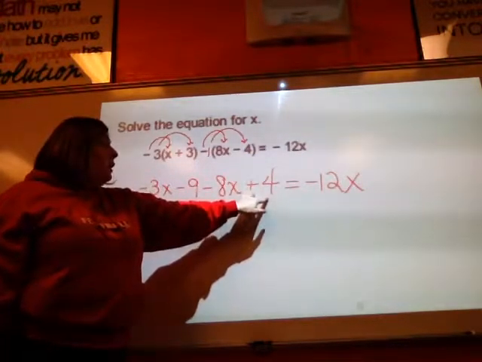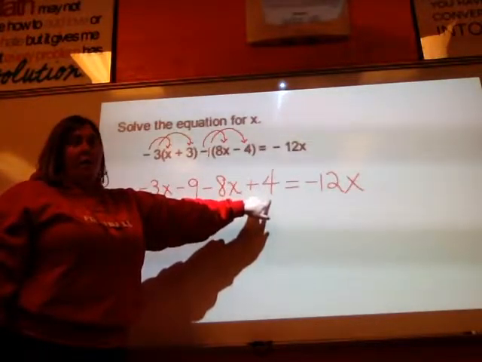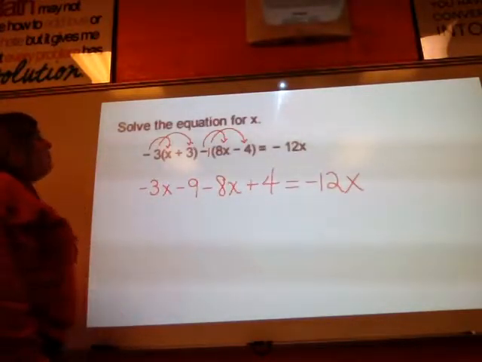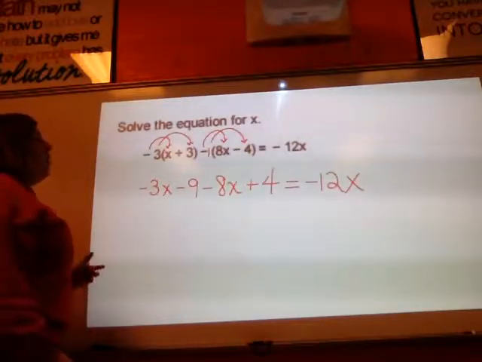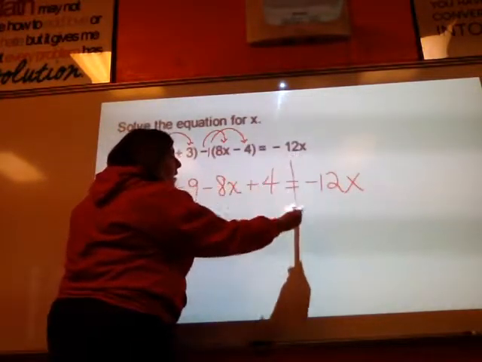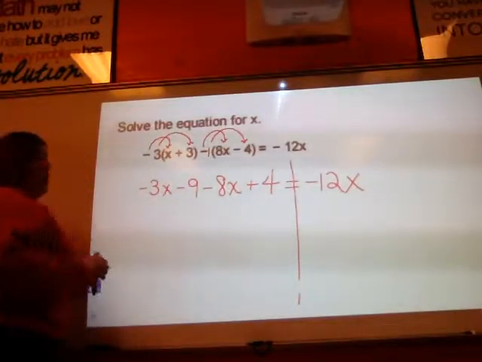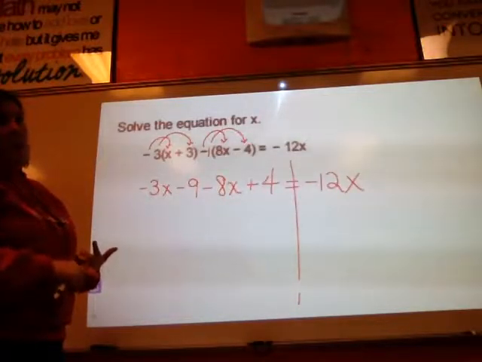If you missed it, I would be willing to say that right there is probably where you went wrong. So you should look on your paper right now and see if that is a positive 4 or a negative 4. Now, assuming that you made it this far, the next thing we need to do is combine like terms. Remember, I can only combine the terms that are on the same side. In order to combine them, they have to have the same variable raised to the same power.